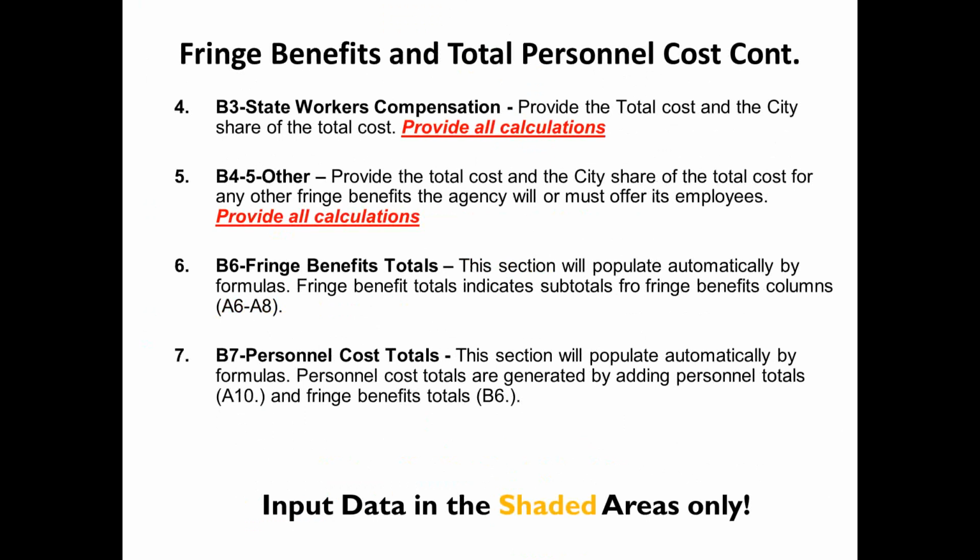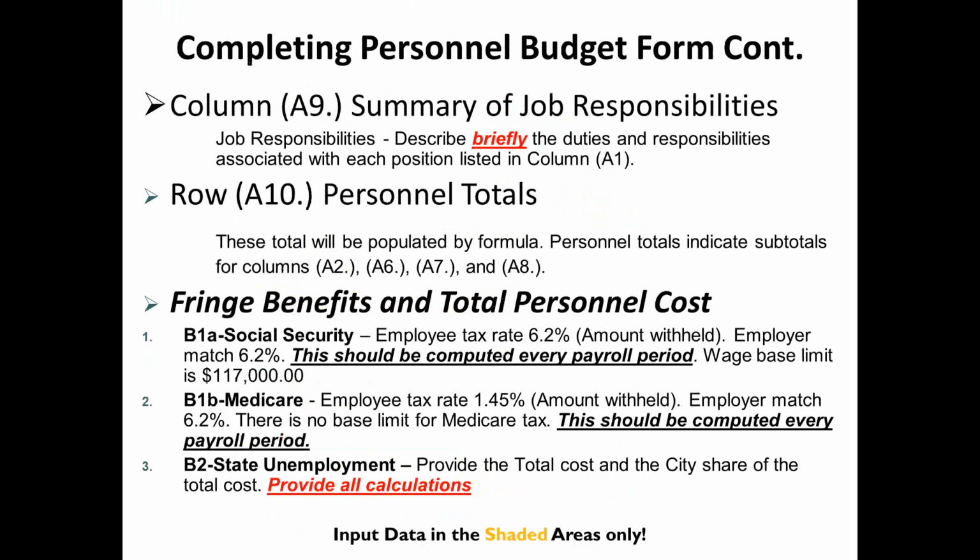I'll go back, make sure we went over them. For the fringe benefits, we have Social Security and Medicare, which make up FICA costs. For the Social Security portion of our FICA costs, the employee's tax rate is 6.2%. This is the amount that you will withhold from the participants in the program.